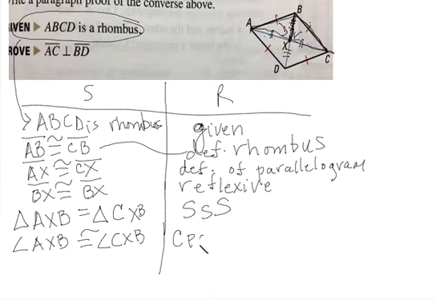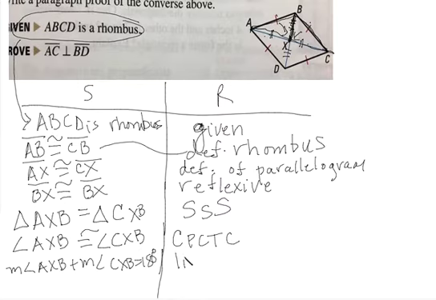So CPCTC here. Now these are congruent and they're a linear pair, so I can say that the measure of angle AXB plus the measure of angle CXB equals 180, by the definition of linear pair.